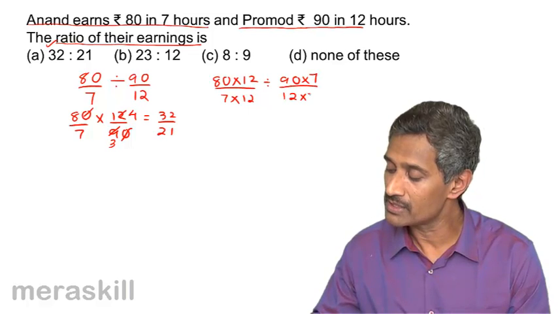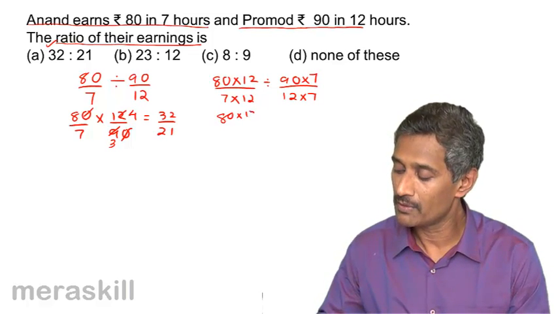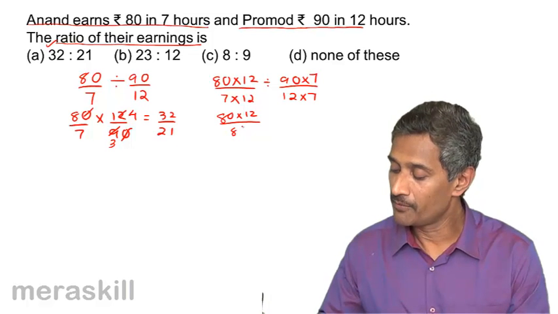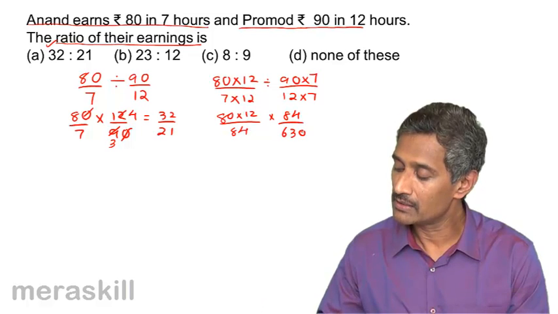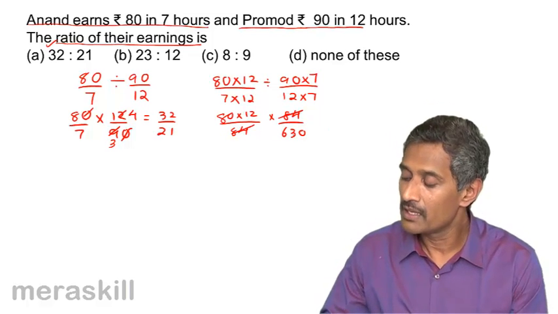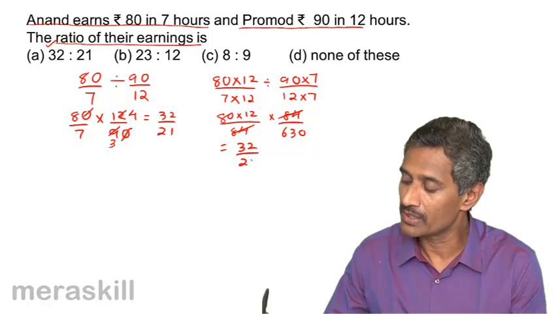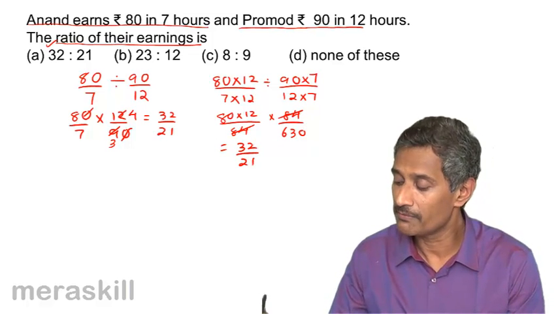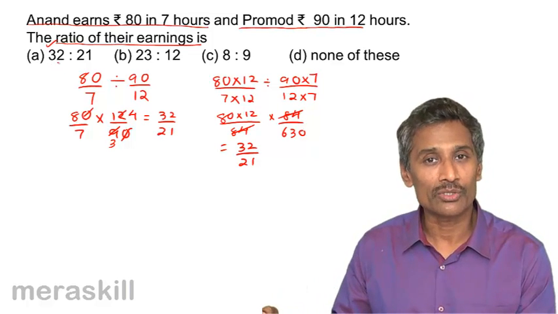So when you divide, you get 80 into 12 upon 84, into 84 upon 630. And this gets cancelled. And even over here, if you simplify, this will turn out to be 32 is to 21. You can take your calculator to simplify it. So either way, the ratio of the earnings is going to be 32 is to 21.